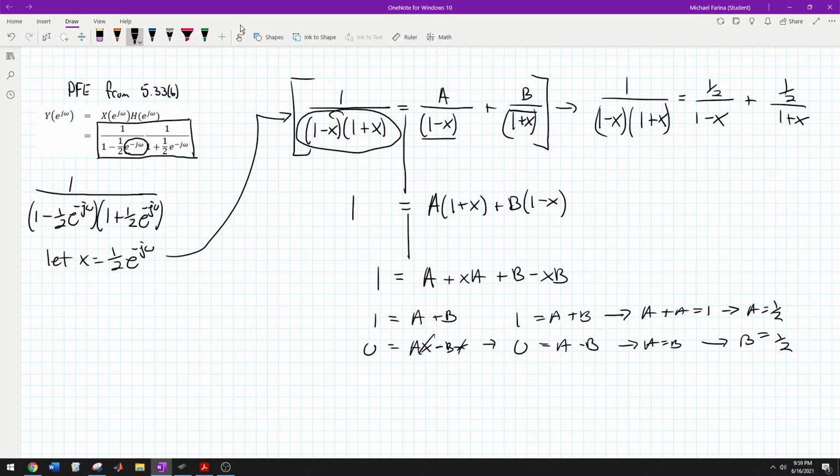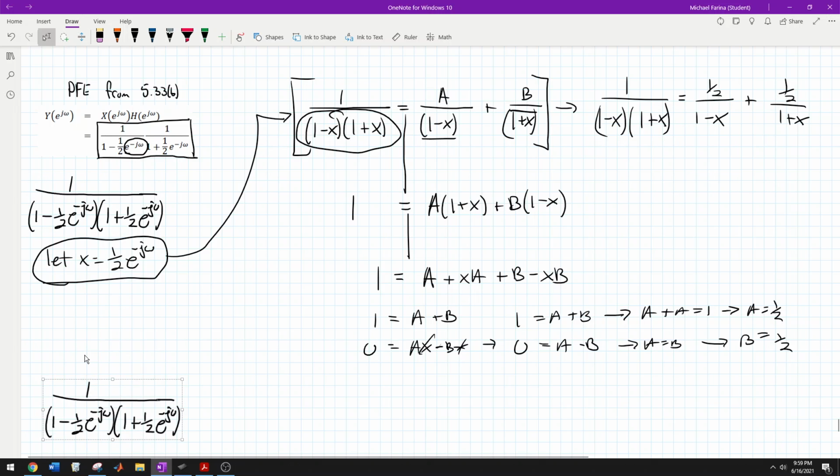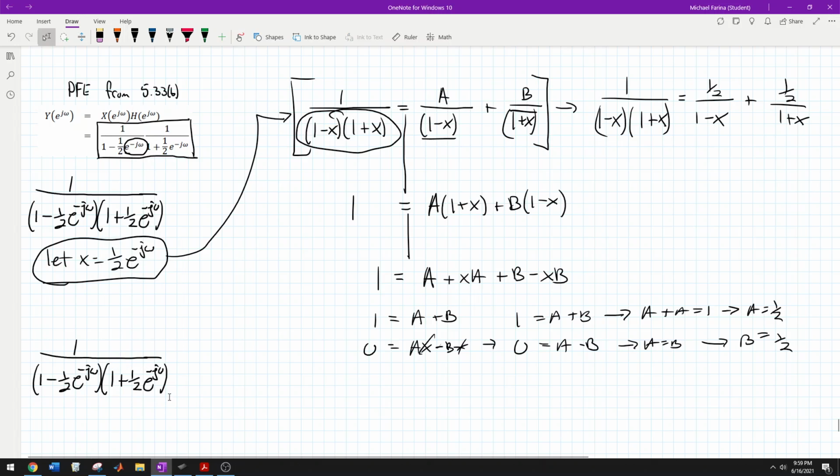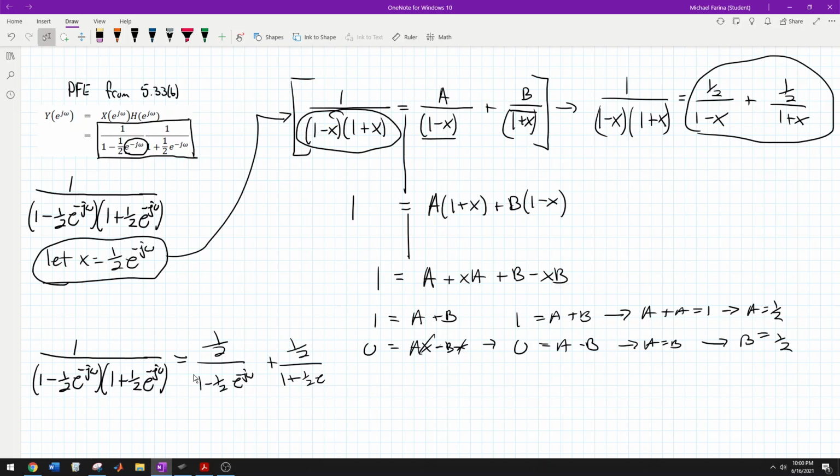Change out x, which we defined over here, and just taking what we have over here, we get 1 half over 1 minus 1 half e to the negative j omega plus 1 half over 1 plus 1 half e to the negative j omega.